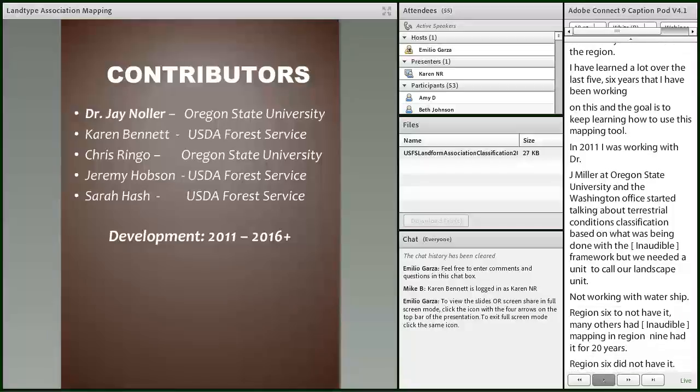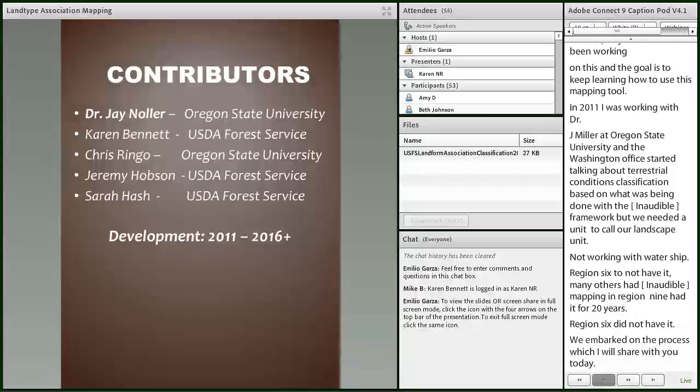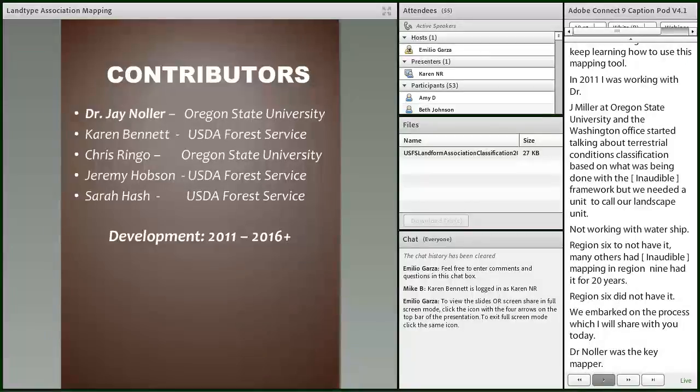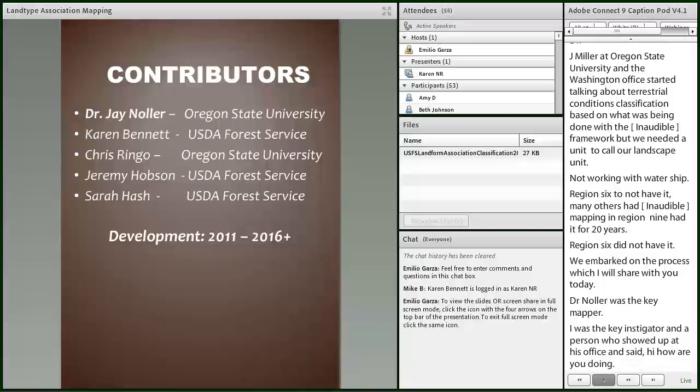So Dr. Noller was the key mapper. I was the key instigator and person who showed up at his office every Friday to say, so how you doing? Chris Ringo was our GIS analyst extraordinaire. Jeremy Hobson has been an incredible assistance in mining data and looking at information with the framework of these land type associations, and I'll show you that.